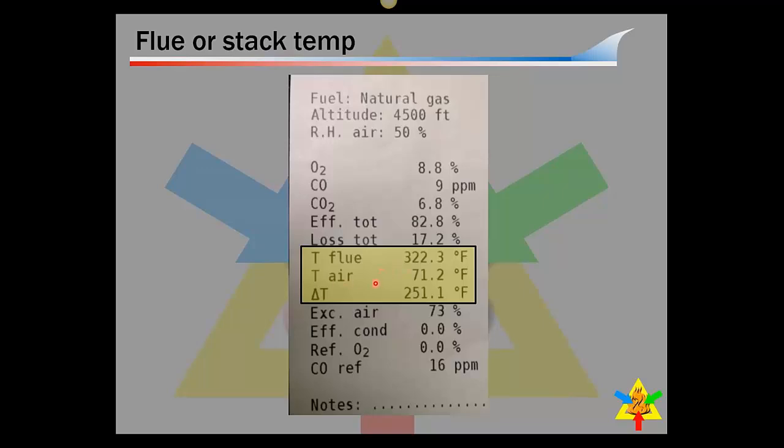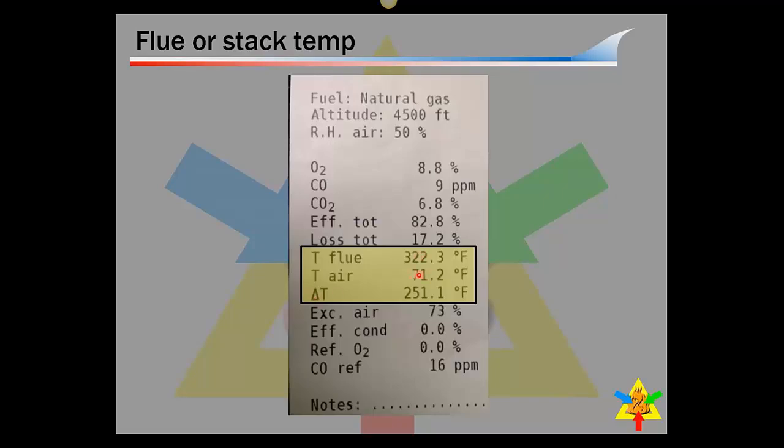Okay, this is the temperature of the air used for combustion, or the air around my combustion analyzer. My combustion analyzer is in the same room as the furnace when I did this, and so the air that that furnace is using, because it's an 80% and it takes its air for combustion from the room it's in, okay, was 71 degrees. This is just called the delta temperature.